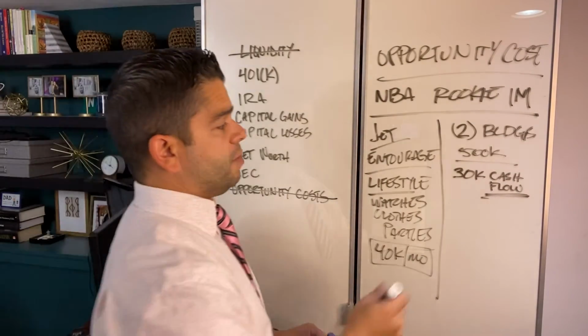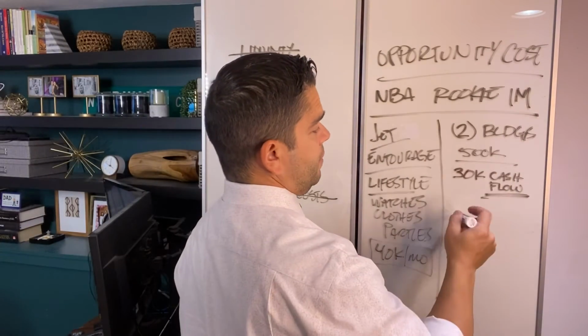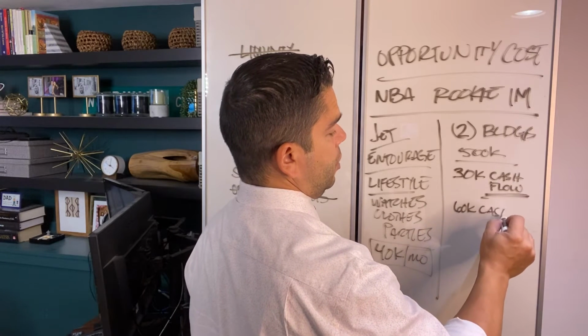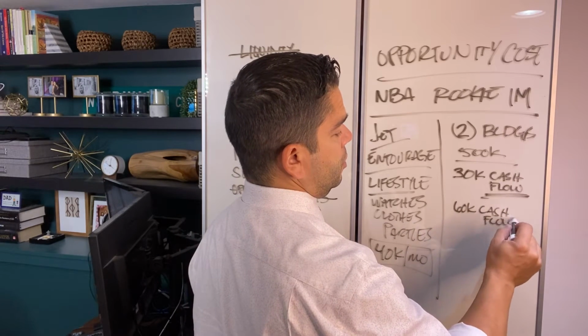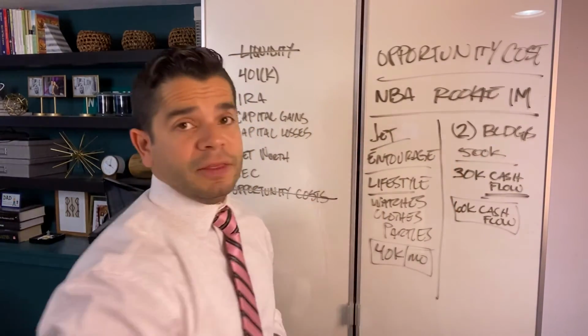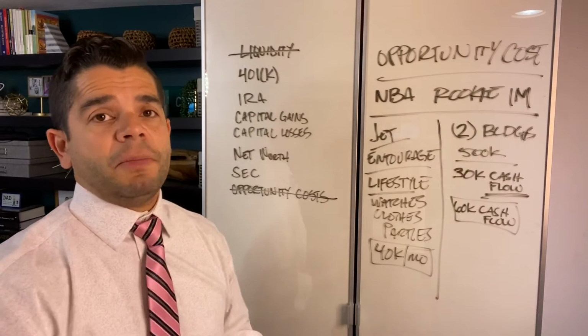So $30,000 of positive cash flow each building, and that's getting him $60,000 of cash flow between the two.